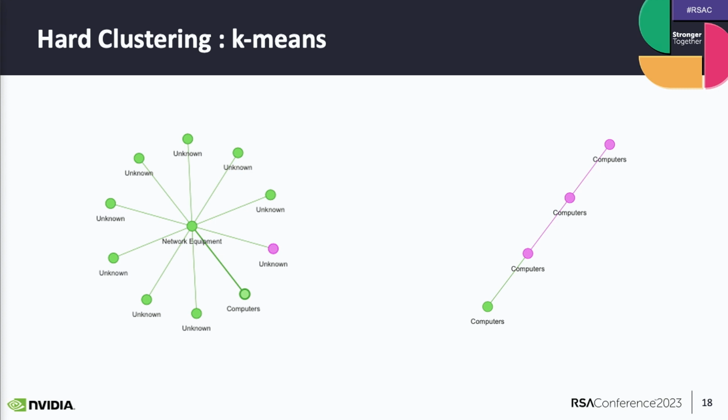What's happening here is when the network equipment is talking to all the other green devices, it's using a standard TCP protocol. But when it's talking to the pink device, it's using an unsecured NTP protocol. Now, if you're not aware of NTP, it's Network Time Protocol, and it is used to synchronize time between multiple assets on the network.